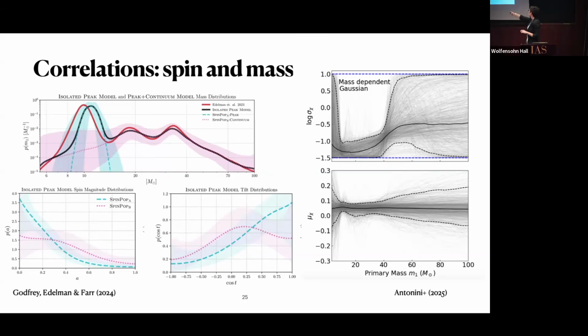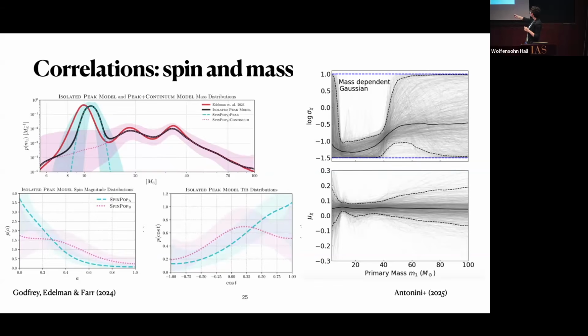And similarly here, this is fitting similar to the Q chi-effective distribution right here. It's the log of the standard deviation of chi-effective and the mean of chi-effective as a function of primary mass. And this is from a paper by Fabio Antonini and others that just came out a few weeks ago, I think.